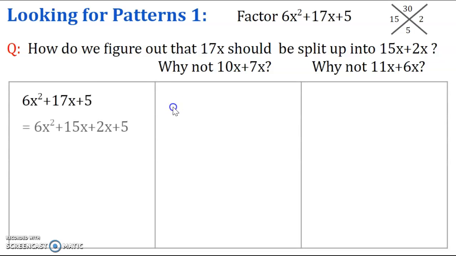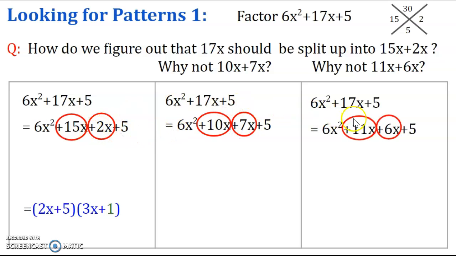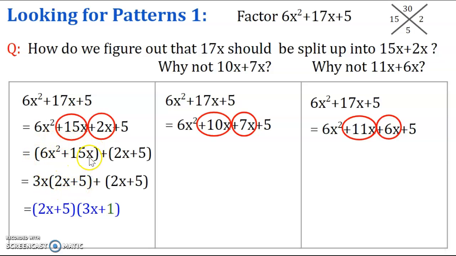Well, let's go through this. The three different scenarios. If you're splitting the 17x as 15x and 2x as we found from the diamond problem, it works out after splitting into two halves and putting the parentheses. You can figure out that 3x times the parenthesis 2x plus 5 is the GCF taken out from the first parenthesis.